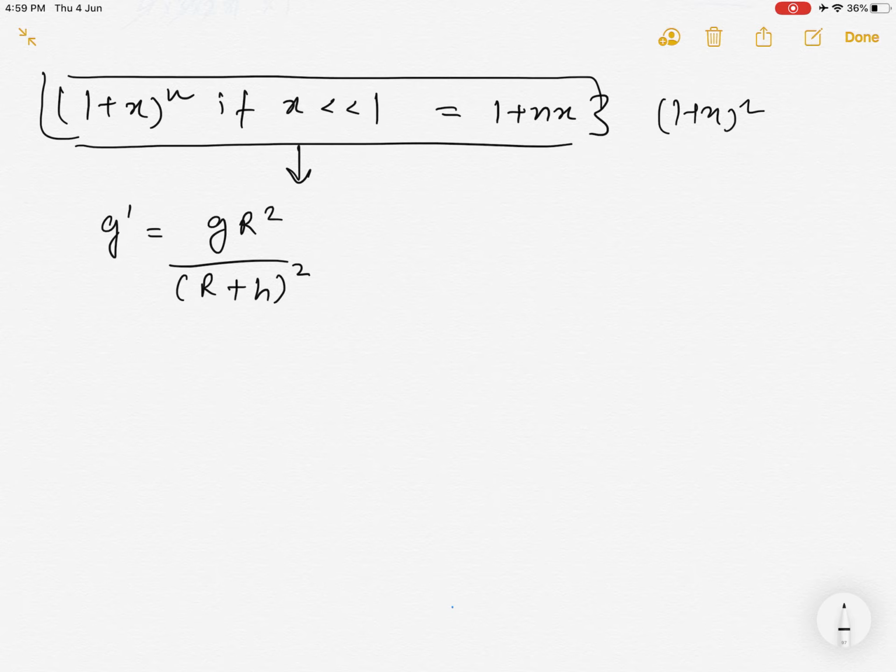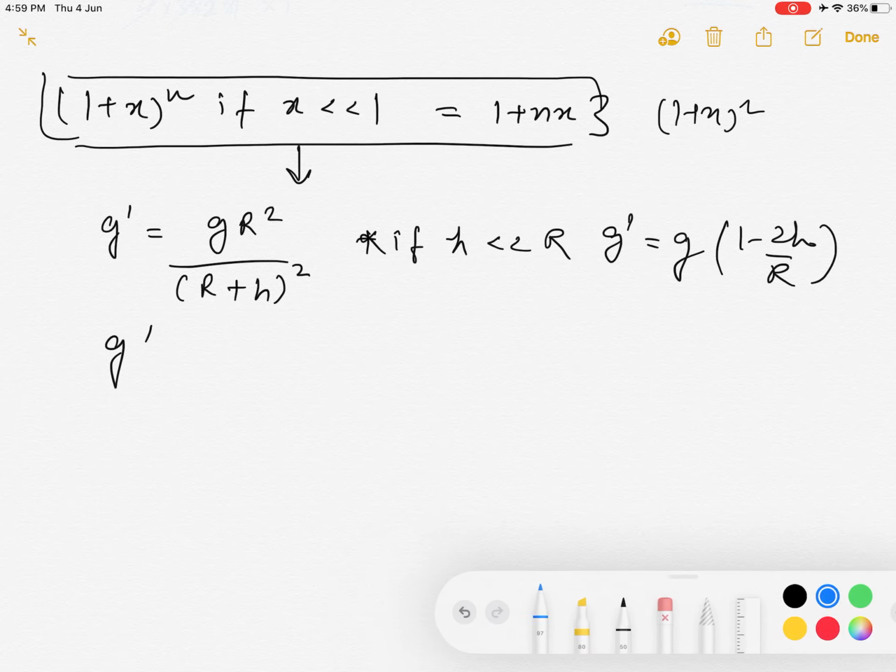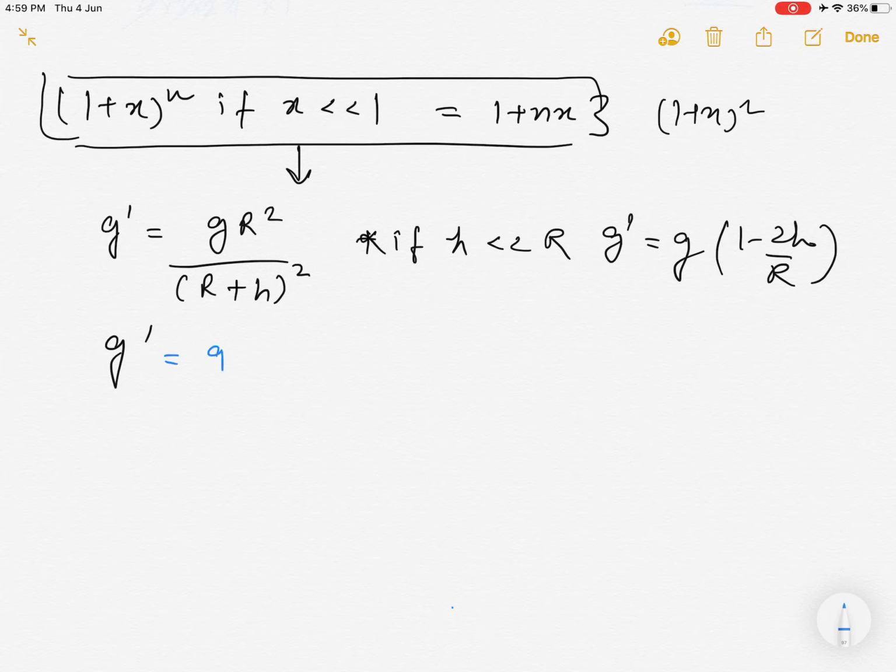Actually, this is the equation of gravitation with height. Now, what we need to prove is this, that if h is much less than r, then g dash is equal to g (1 minus 2h by r). Right? This is what we need to prove if this condition is true.